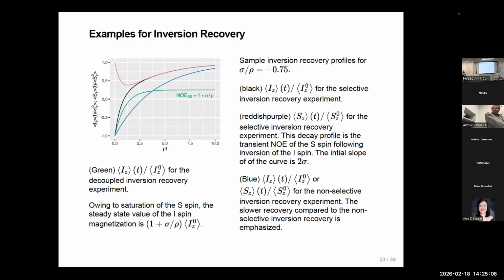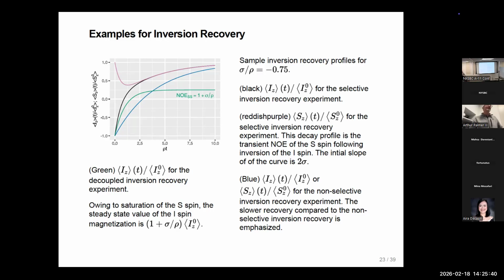Because if you flip everybody upside down in solid state NMR, or saturate everything, there are very, very few spins around that cause the spin flips that would start to get recovery going. So you can end up with what looks like a non-selective inversion recovery that's extremely slow.